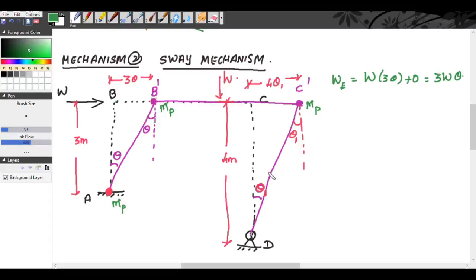Now internal work done. Before finding the internal work done, let us find the relationship between theta and theta 1. See, this angle is different, but the distance moved is the same. So B dash will be equal to C dash. That means 3 theta is equal to 4 theta 1, which implies theta 1 is equal to 3 by 4 theta.